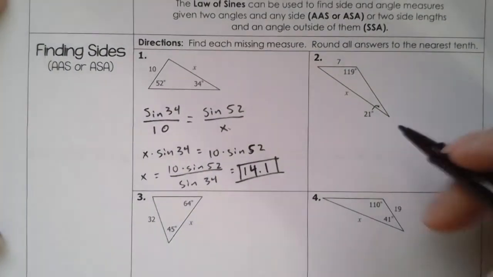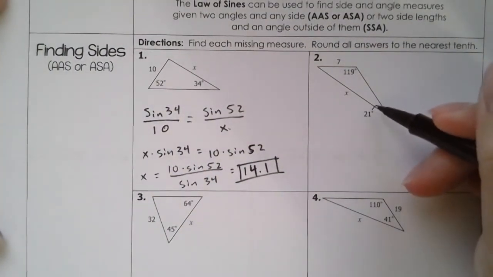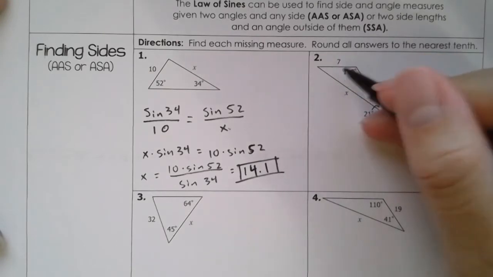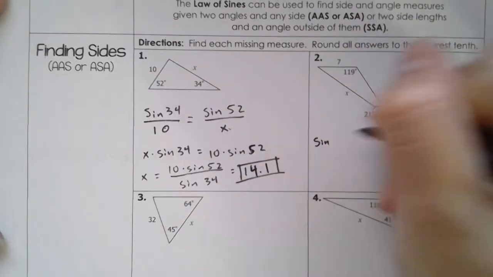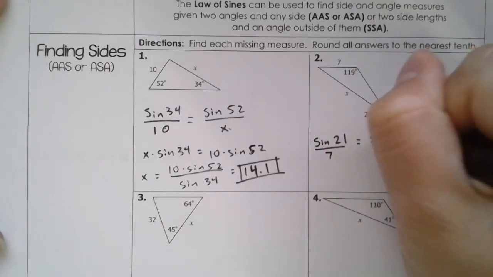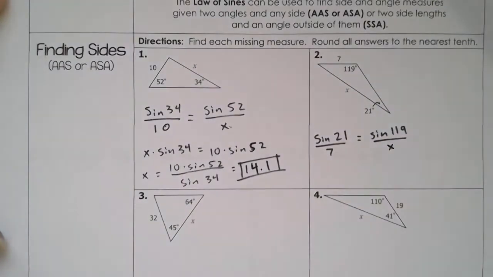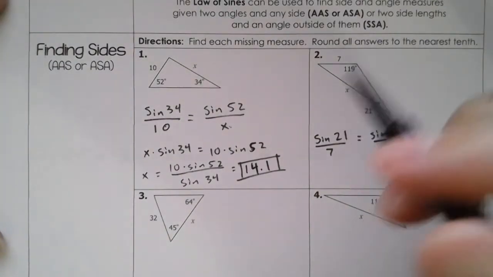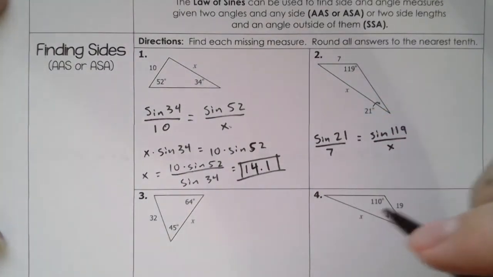For the second one, same thing. You've got 21 degrees here opposite to side 7, so then the sine of 21 over 7 is equal to the sine of 119 over x. Similarly, multiply both sides by x and then multiply both sides by 7.